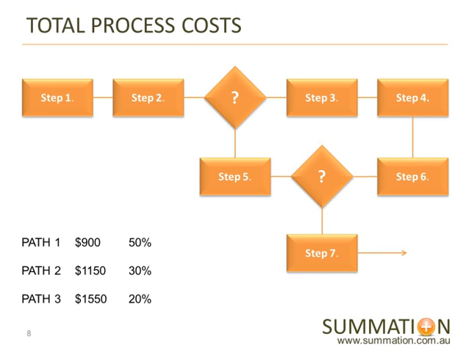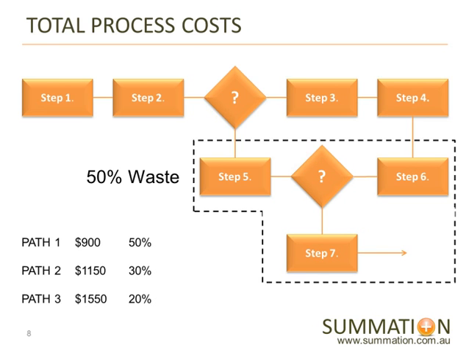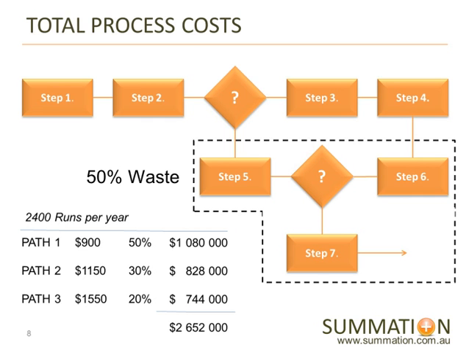Now that, when we analysed it, turned out not to be the case. What's relevant about that is it meant that 50% of their transactions were attaching waste to them, and waste equals cost. We know that the process runs 2,400 times a year. We know the costs, and therefore we can determine the total cost to the organisation of this process, a little over $2.6 million.